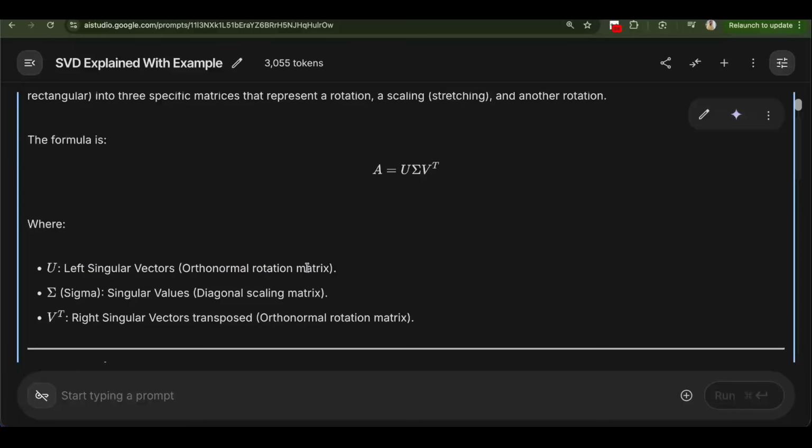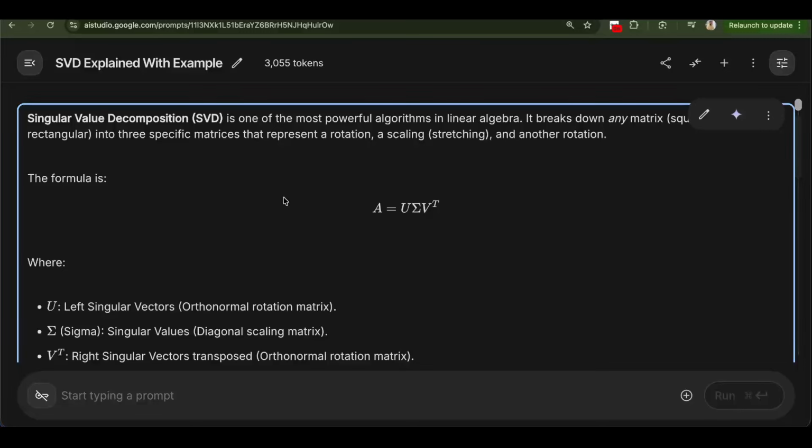That's what an orthonormal matrix means. So when you multiply some vector with an orthonormal matrix, it will just rotate the vector. It will not stretch or squish. And sigma is for stretching or squishing, or diagonal scaling.